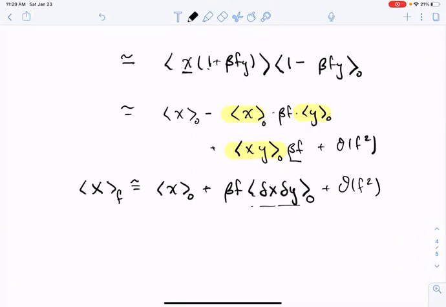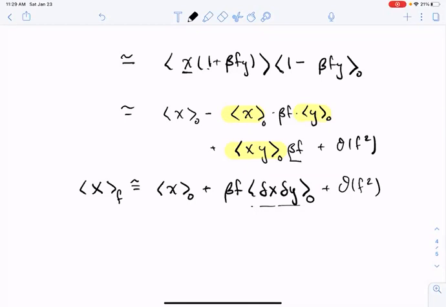Now that change, the slope for which f causes a change in x, depends not only on whether f is positive or negative, but what the correlation is like between x and y.